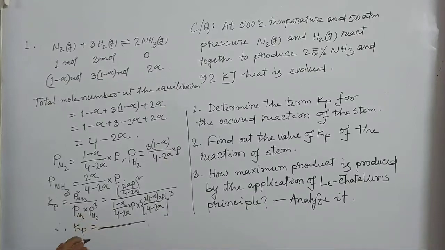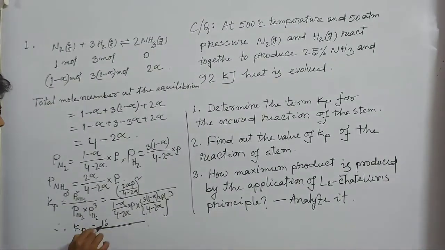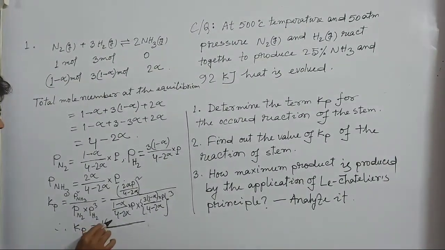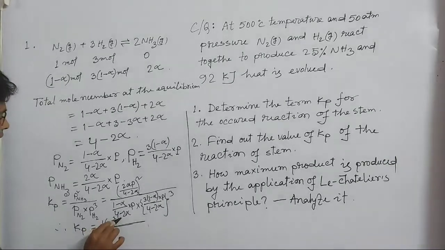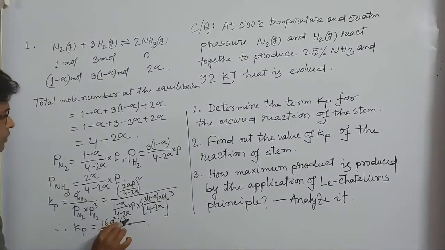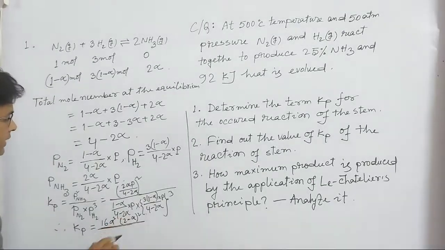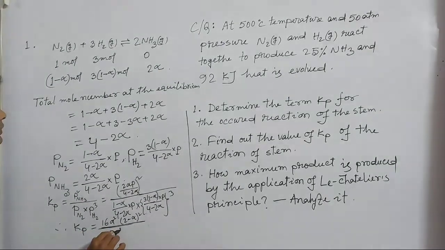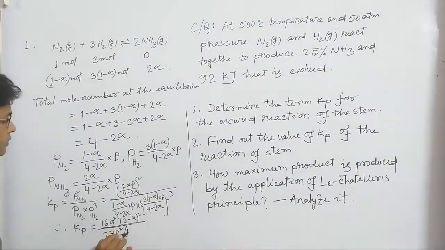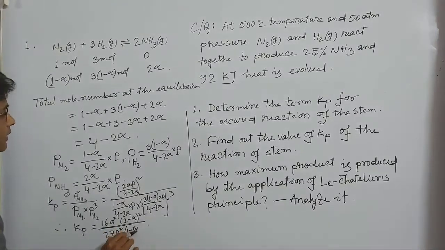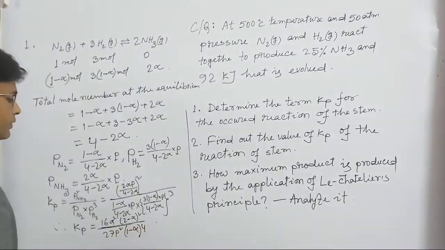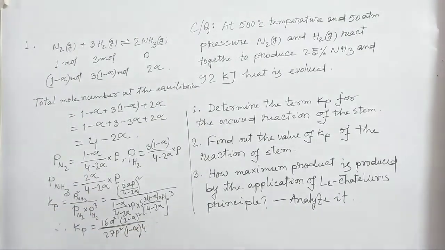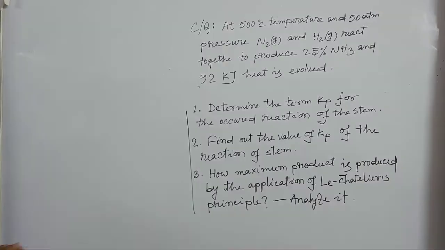So Kp is equal to 16 alpha squared into 2 minus alpha whole squared divided by 27 P squared into 1 minus alpha whole to the power 4. This is the term of Kp.